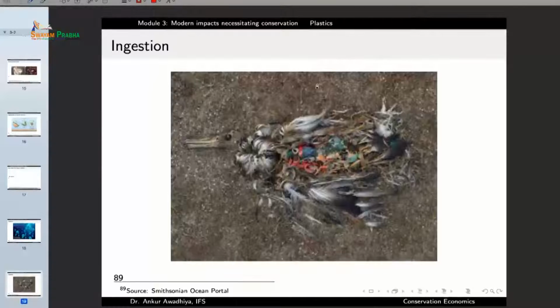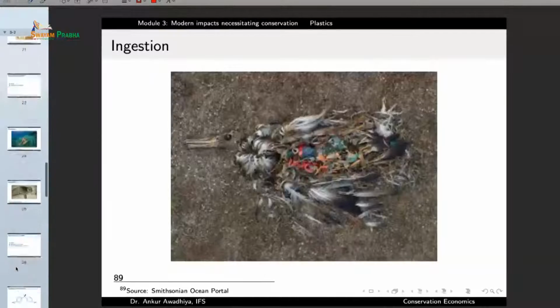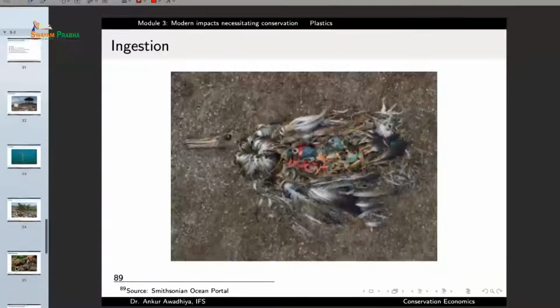So what will happen is that with the next rains, these plastics will come back into the oceans, and probably they will be picked up by some other albatross. So this process goes on and on, and these plastics may result in the deaths of quite a large number of organisms.